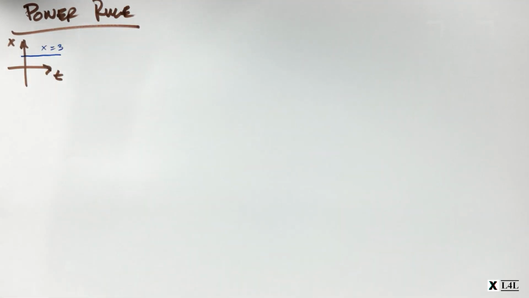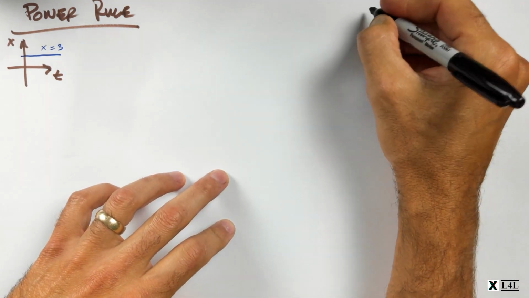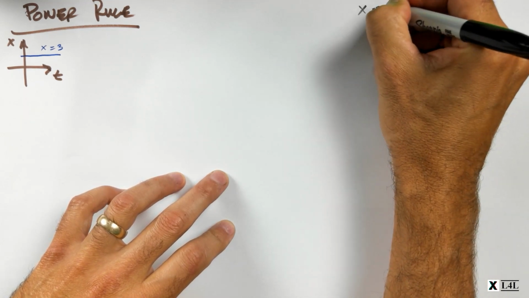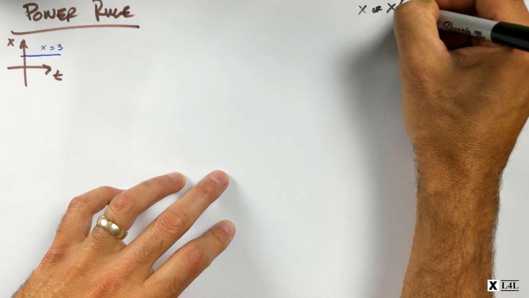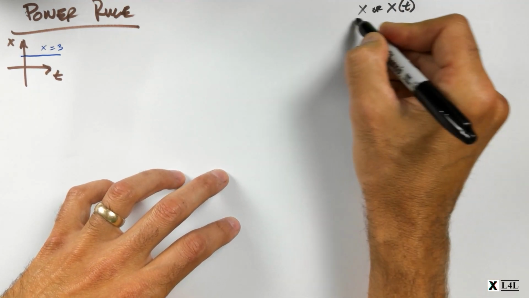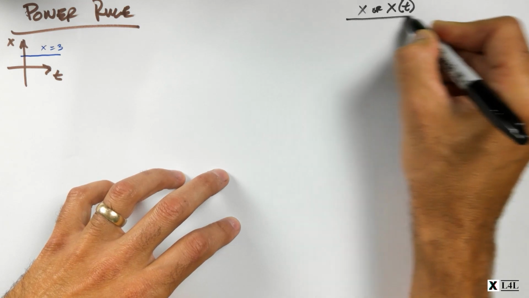Well, again, if we wanted to take the derivative of this, which is just the slope, let's make a little chart over here and we'll keep track of all these different things. So the x position, or you could say the position function with respect to time, this is the actual function for position as it relates to time.